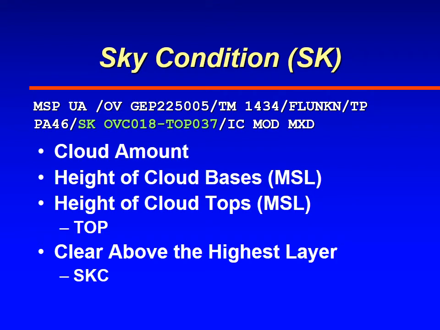So make sure that you remember that these are all MSL altitudes. Tops will be indicated by the identifier TOP, as you see in the example there. And you can report as many cloud layers as you want. You can report a lower one, a higher one. Only report what you know. And then if it's clear blue sky above, then you can also report sky clear.